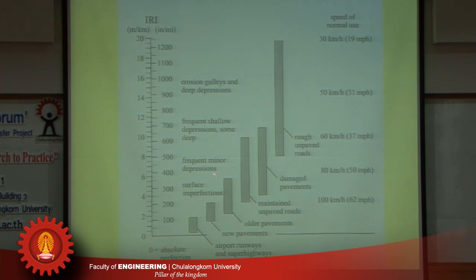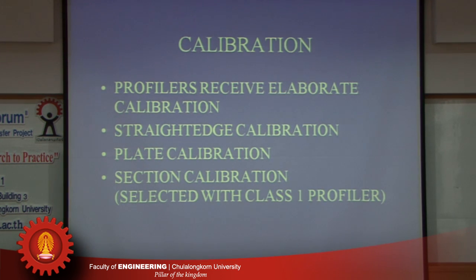And if the roughness increases, we will have a higher IRI. Okay. Well, so this high-speed profiler is used to obtain the longitudinal profile, which is then used to get the ride number and the IRI.